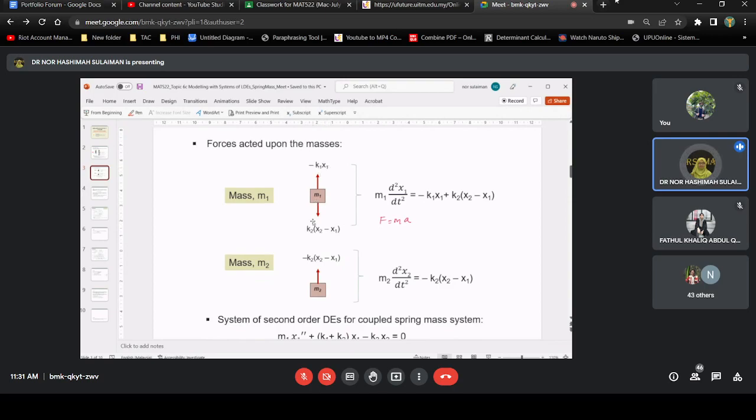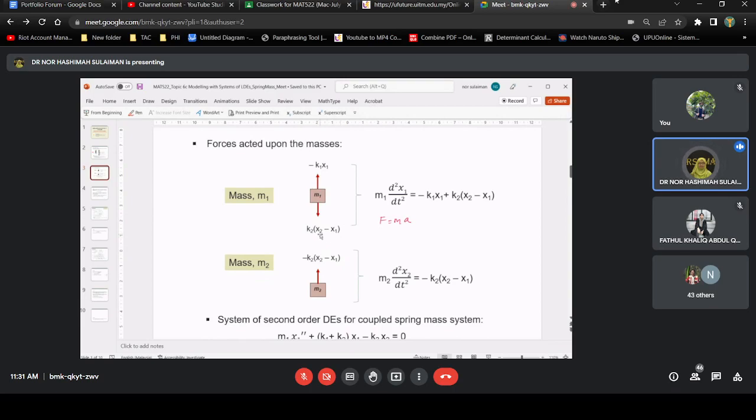Okay, so the one below is due to the spring due to the displacement x2 earlier. Okay, so what will it be here? So there is one force due to the gravitational pull, which is K2 multiplied by x2 minus x1.